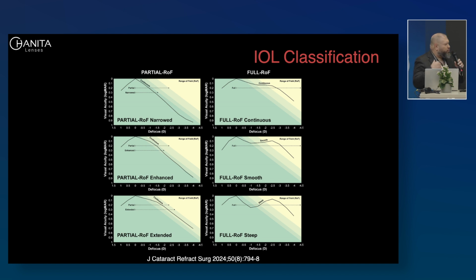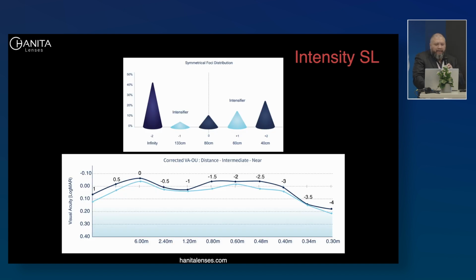We will not go through them, but we will still refer to the Intensity as a pentafocal lens, just to keep on with the classification we've been using before, although we do know that it's been changing. This is the focus curve proposed by the company, and this is the design. We are not going to go that much into the design of the lens.